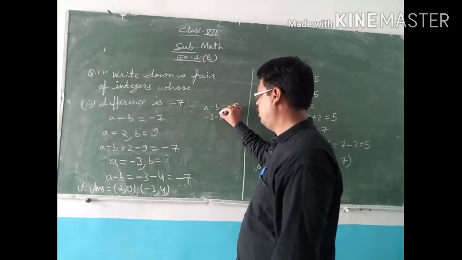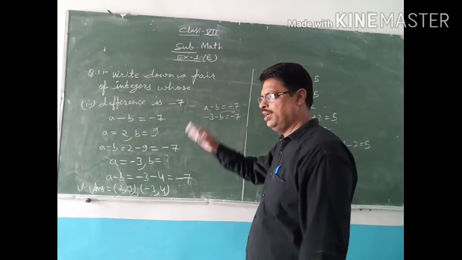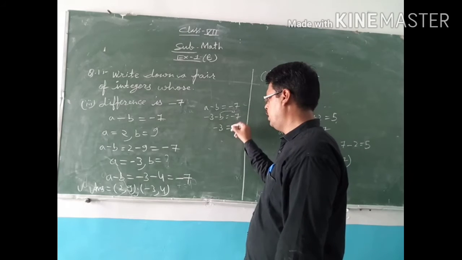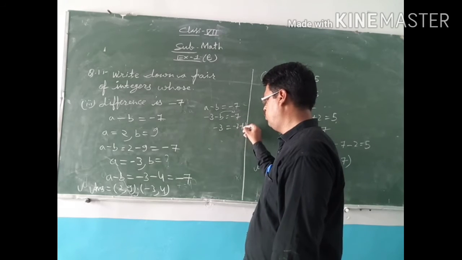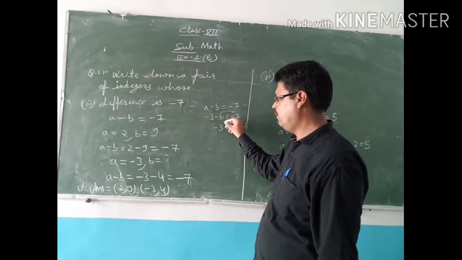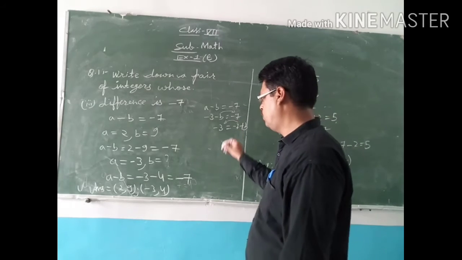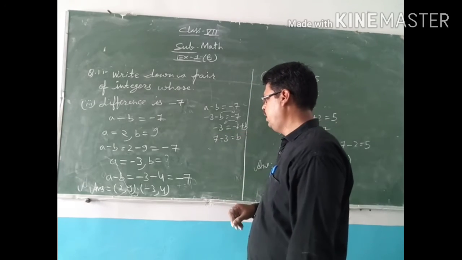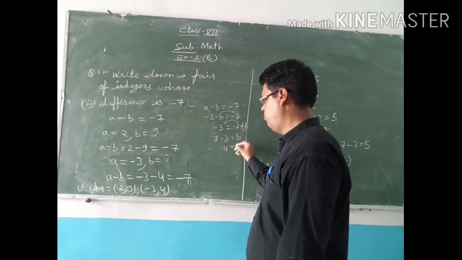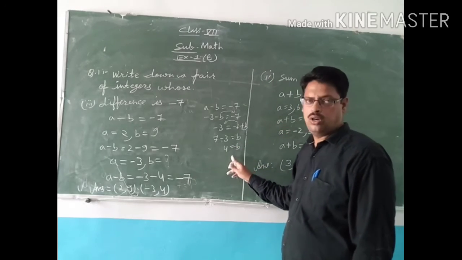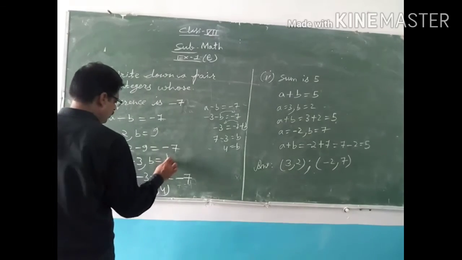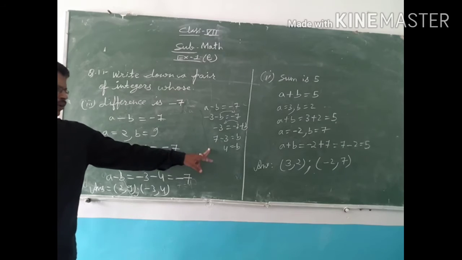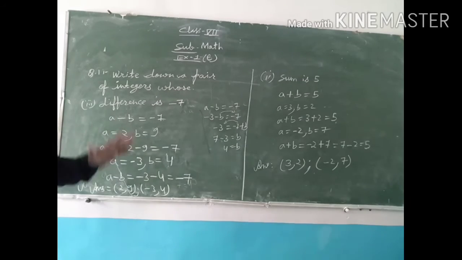So minus b by transposing will move to the right hand side. So minus 3 minus b, उधर जाके प्लस हो जाएगा, तो minus 7 plus b. अब minus 7 will move to the left hand side by transposing, then it will convert into plus. So 7 minus 3 is equal to b. So 7 minus 3 is 4. So b value is 4. Understand? So this way also you can find the unknown value, by solving the equation.